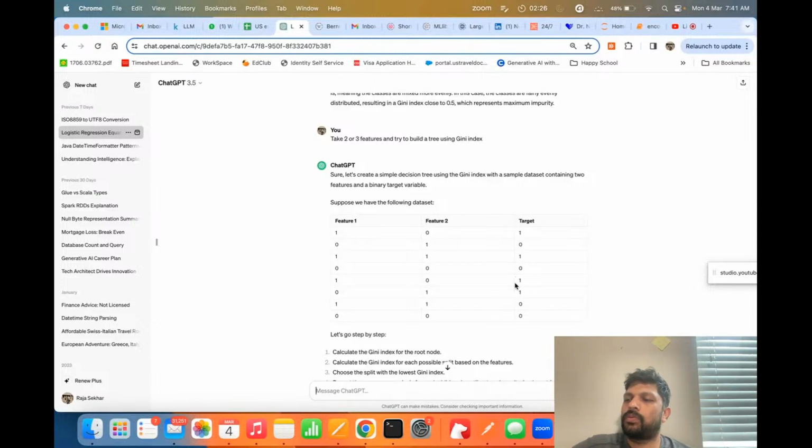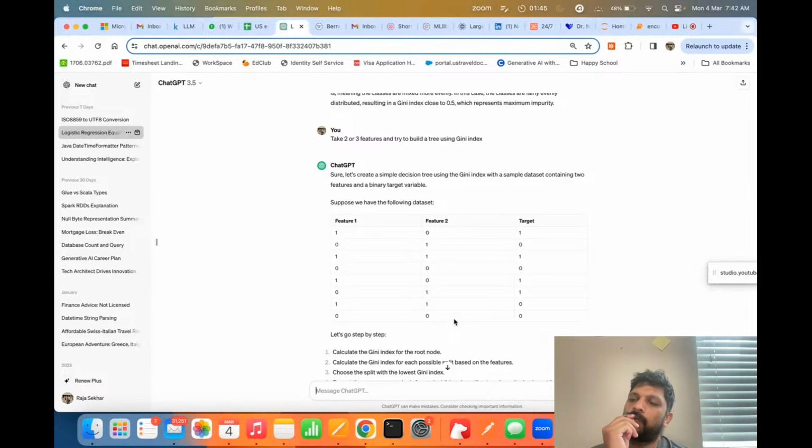Coming to the other side, it is 0 0 0 0 for feature 1, and corresponding values for feature 2 are 1, 0, and I think all the rest are zeros. Oh no, 1 0. Yeah, it's an equivalent split in feature 2, and the target values for this will be 0 1 is 0, 0 0 is 0, 0 1 is 1, 0 0 is 0. Okay, that's good.